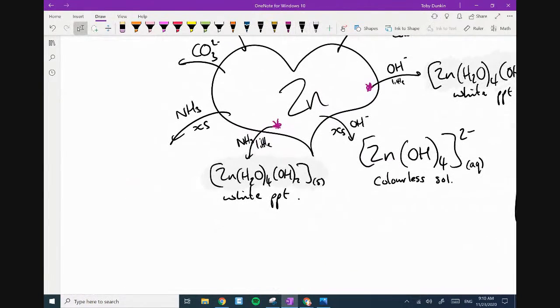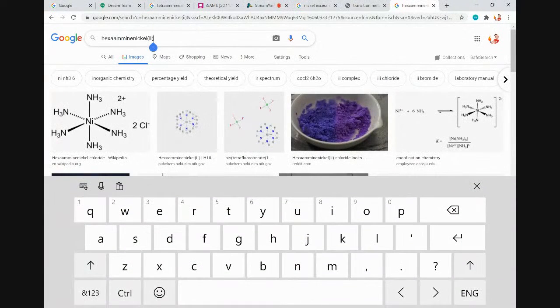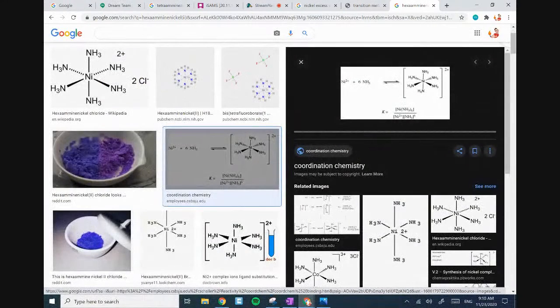On excess, it redissolves as well. And it does exactly the same thing that it does with the hydroxide ion. It actually forms a tetrahedral complex, and it's nice that zinc has a little bit of continuity about it. Let's have a look. Oh, that's nickel.